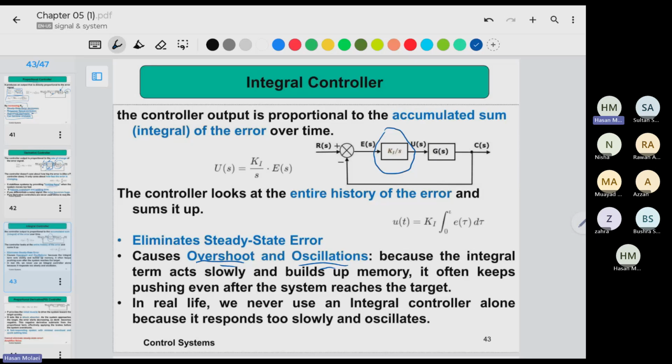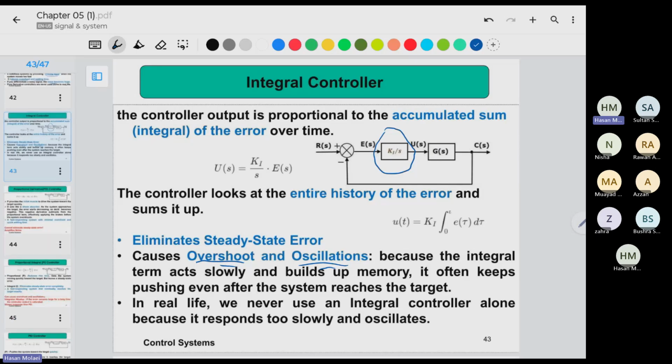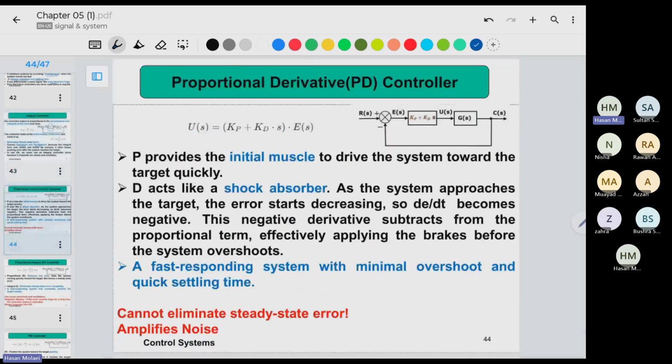So by combining these kinds of controllers, you can get different performance. Let's say you can add some constant gain plus some derivative controller, which we call PD, proportional derivative controller. You can get better performance of both functions.